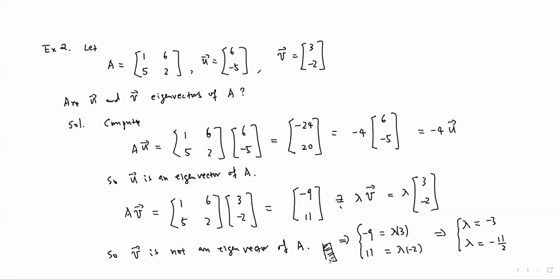This is example 2. Now, example 3. Let matrix A be [4, negative 1, 6; 2, 1, 6; 2, negative 1, 8].